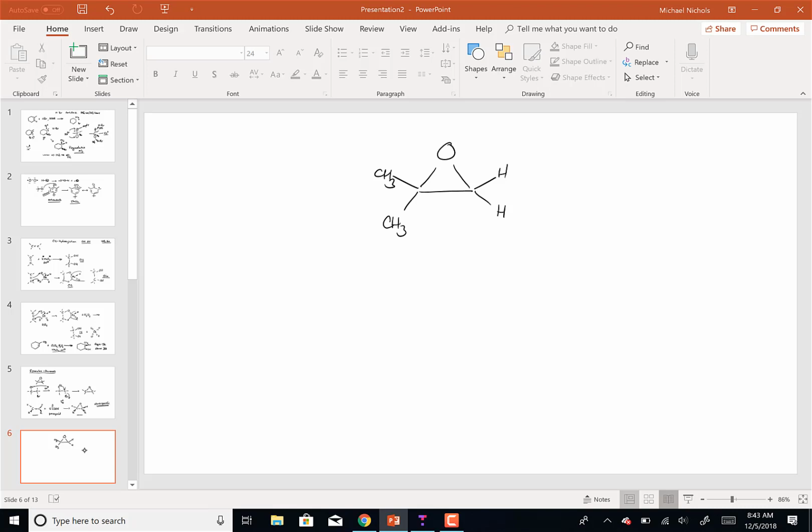The first thing I'm going to do to this epoxide is, there's two sets of conditions that I can use. One is called acid catalyzed, even though it's not catalyzed. I can add acid to this, or I can directly add a strong nucleophile to this. Now, let's add the acid to it. Okay, so here's my H+. What's going to happen?